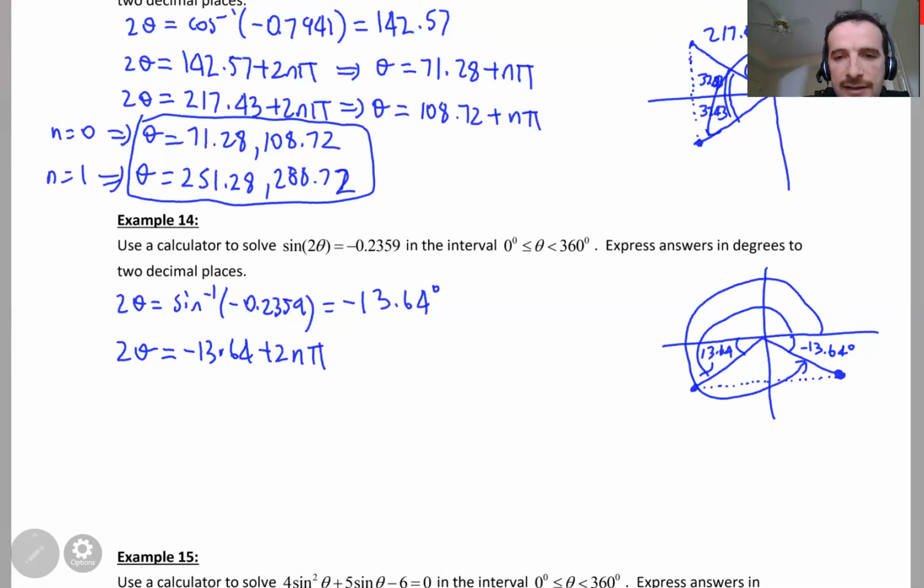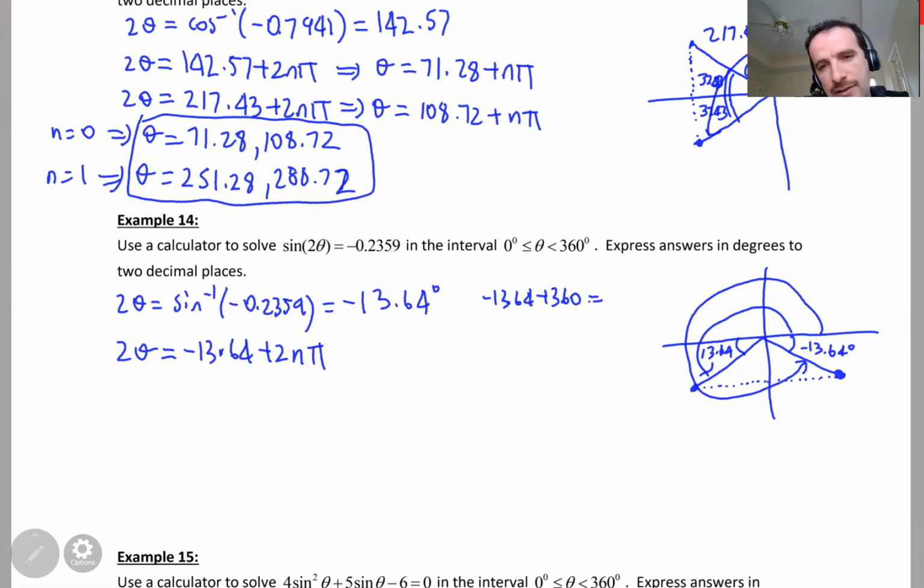And how can I find that? You just need to add 360 to this angle. So negative 13.64 plus 360, which is equal to 373.64. No, it's negative, sorry.